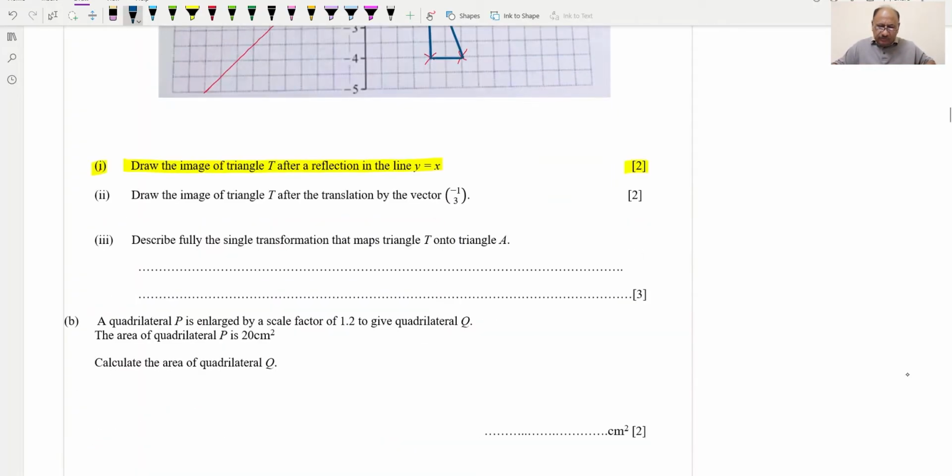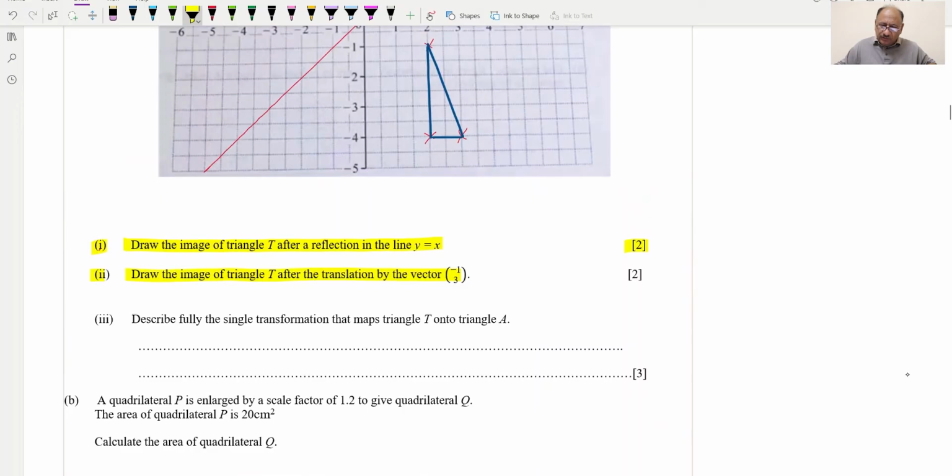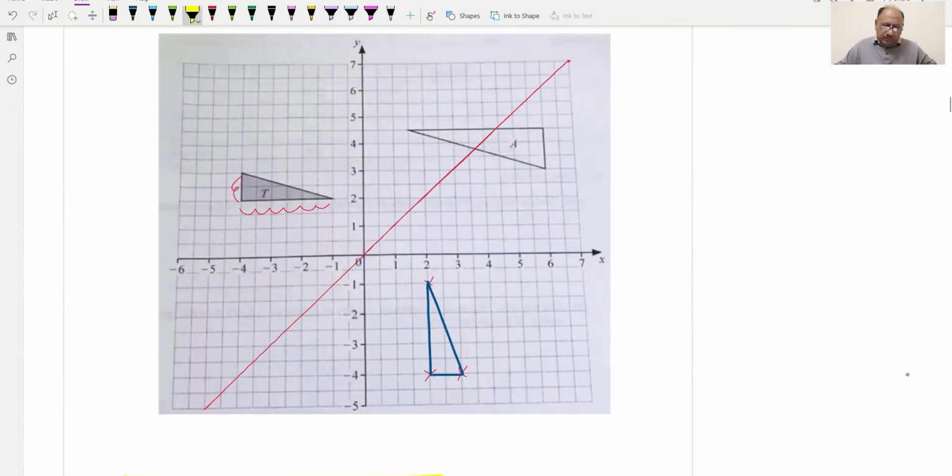Now, next part, they are saying draw the image of T after translation by vector -1 and 3. So T after the translation -1 and 3. So -1 will be 1 unit left.